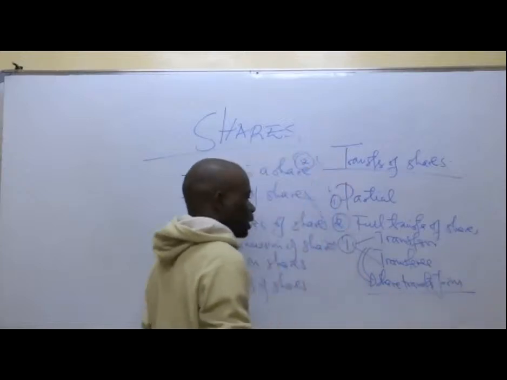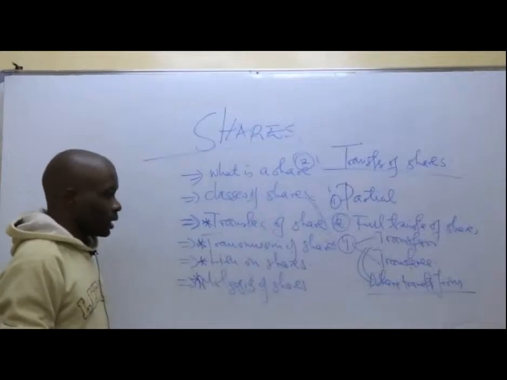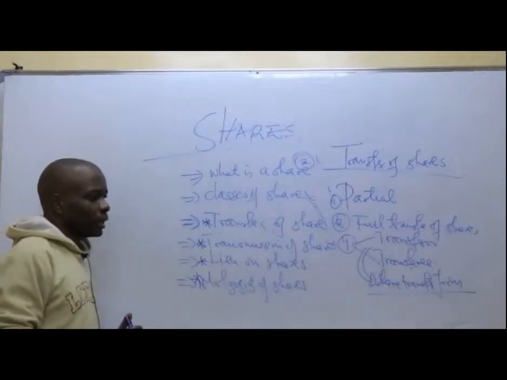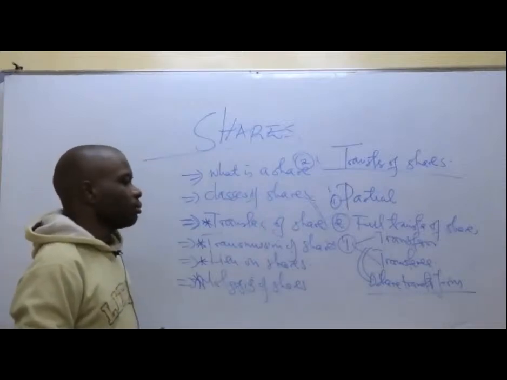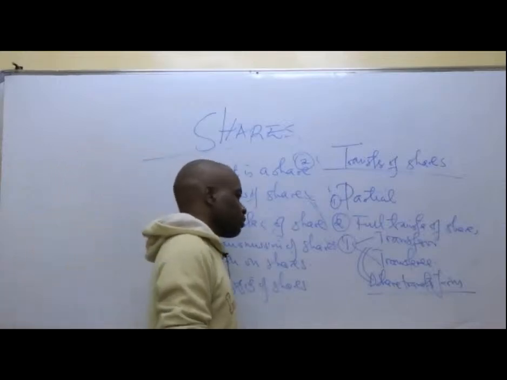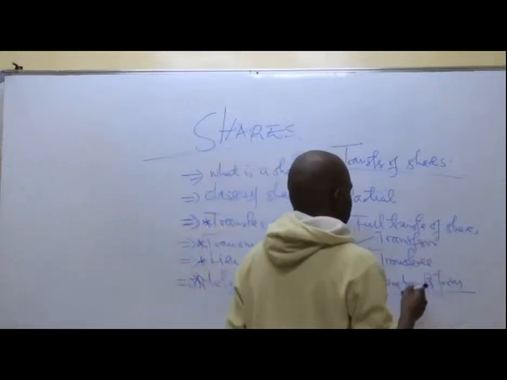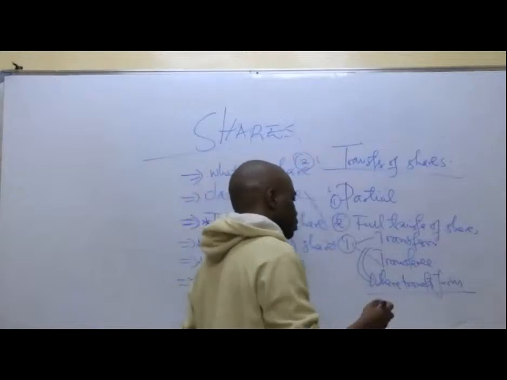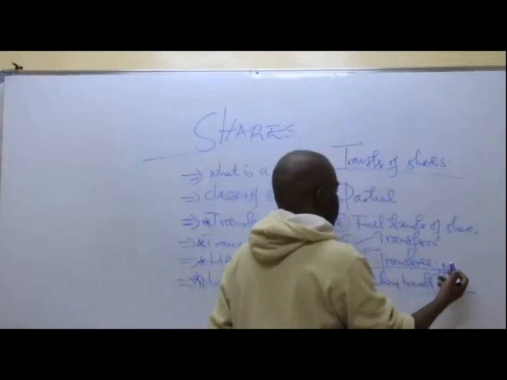This is simply the agreement of transfer of shares between the transferor and the transferee. The transferor is the one transferring the shares from his or her name to the transferee, the one who now receives the shares.